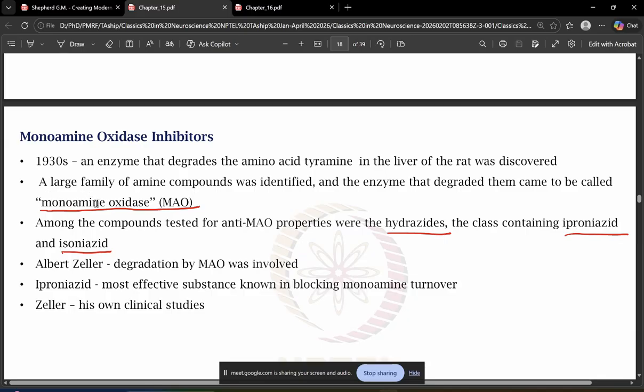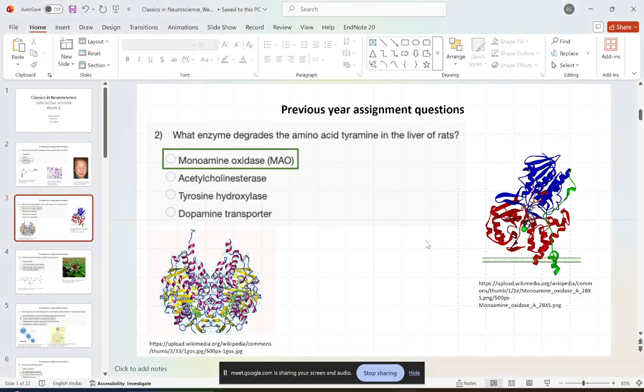So basically, this enzyme called MAO or monoamine oxidase was the one which has the ability to degrade amino acids such as tyramine. And there is monoamine oxidase A and then there is monoamine oxidase B. So this is an image of monoamine oxidase. As you can see, it is attached to the outer mitochondrial membrane.